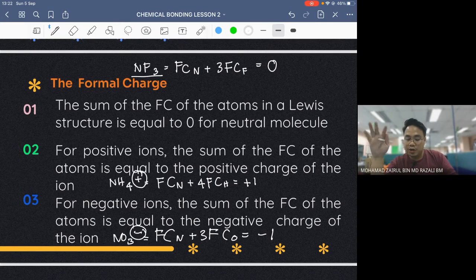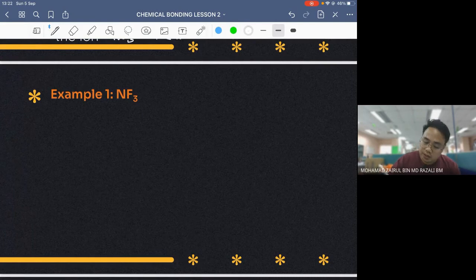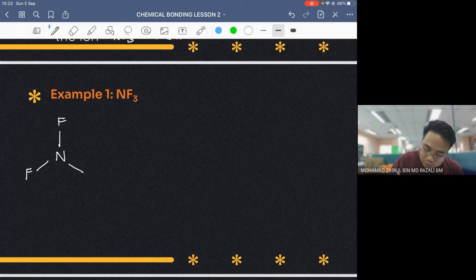Okay, so we try to calculate the formal charge for NF3 first. We drew the Lewis structure for NF3 earlier. The Lewis structure for NF3 is like this: N, F, F, F. We have 1 lone pair on the nitrogen and 3 lone pairs on each fluorine. First we need to calculate the formal charge on the nitrogen.